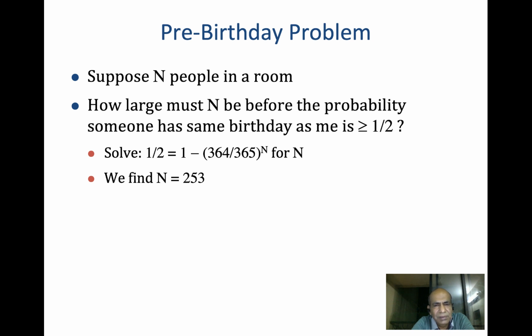The probability that a second person in the class also does not have a birthday on 1st January is again 364 by 365. So if there are n people, then 1 by 2 is equal to 1 minus (364 by 365) to the power n, and if you solve this, you will get n is equal to 253. Fine, it's very simple mathematics.